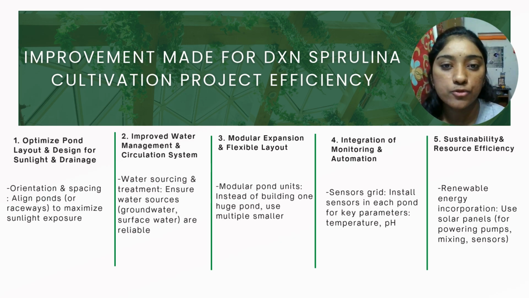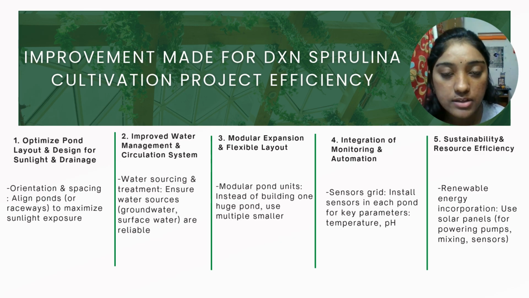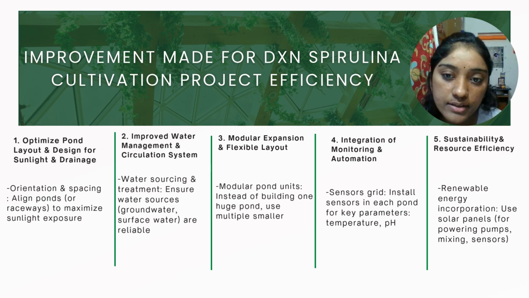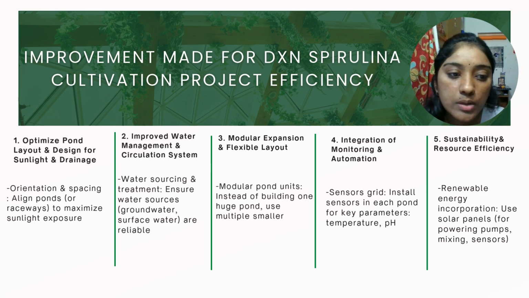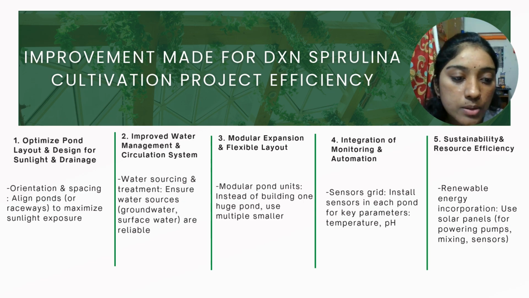So this is the improvements made for the extent of spirulina cultivation production efficiency. Number one, optimize pond layout and design for sunlight and drainage. So maksudnya, optimumkan susun atur dan reka bentuk kolam untuk cahaya matahari dan saliran.